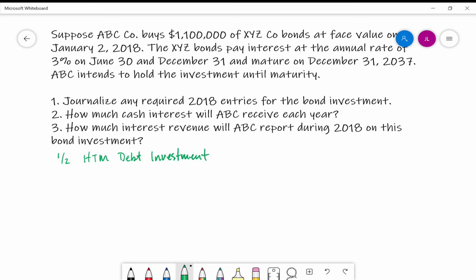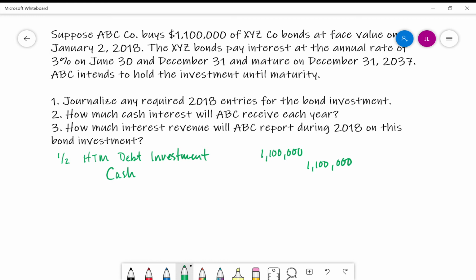We bought these at face value, and the face value is 1.1 million. So we'll debit our held to maturity debt investment for 1.1 million, and since we paid for them, we have to credit cash. So 1.1 million to cash.